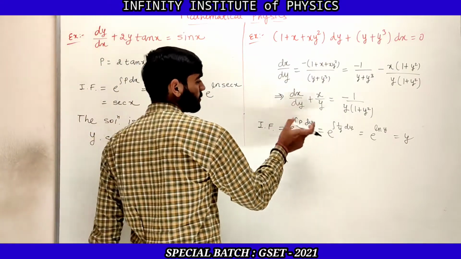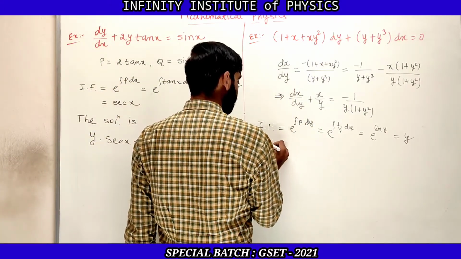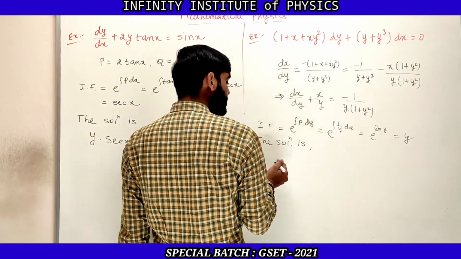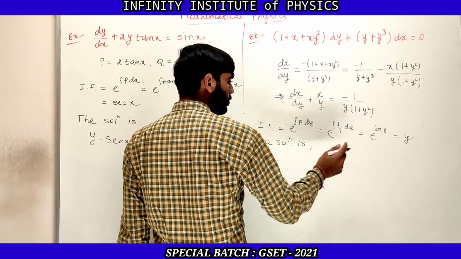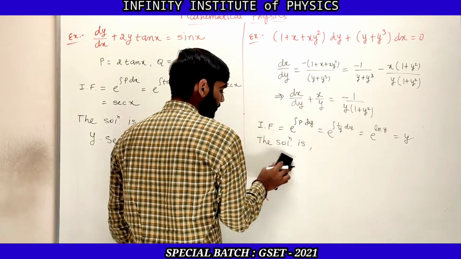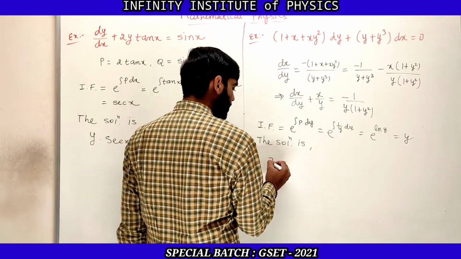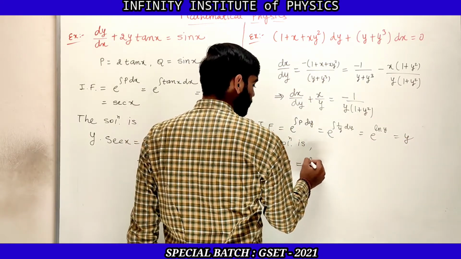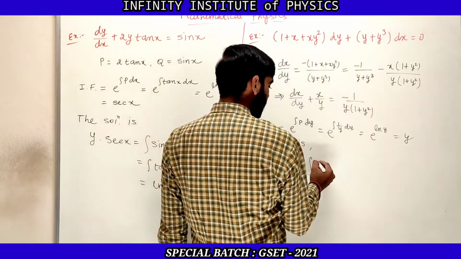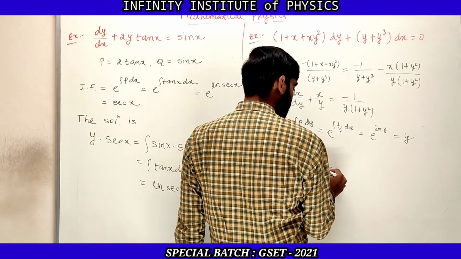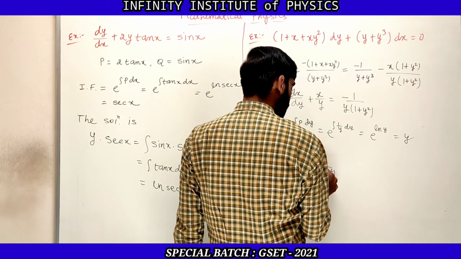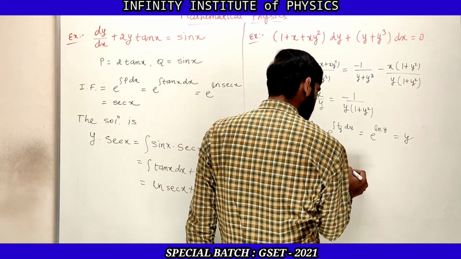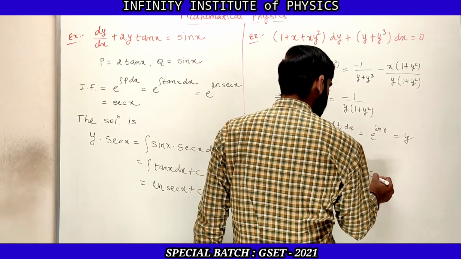Now the solution is given by x into the integrating factor, that is y, which is equal to integration of q, that is minus 1 upon 1 plus y square, into y, the integrating factor, dy plus c.